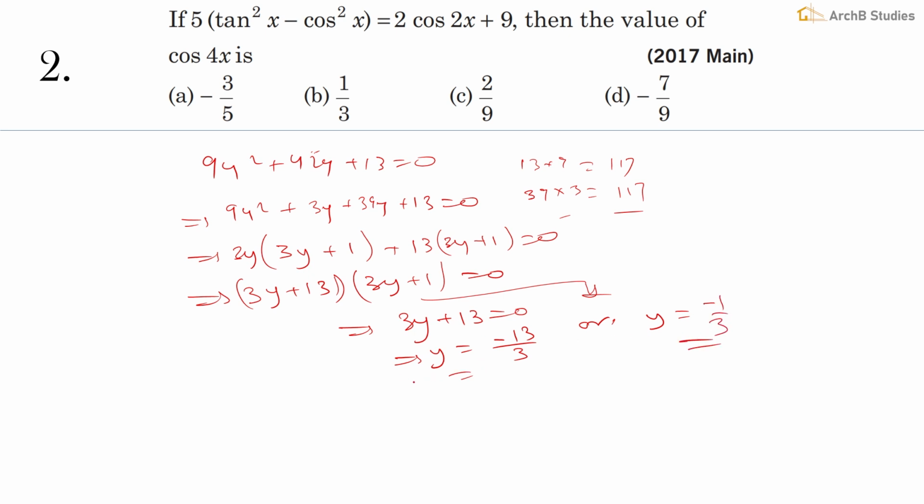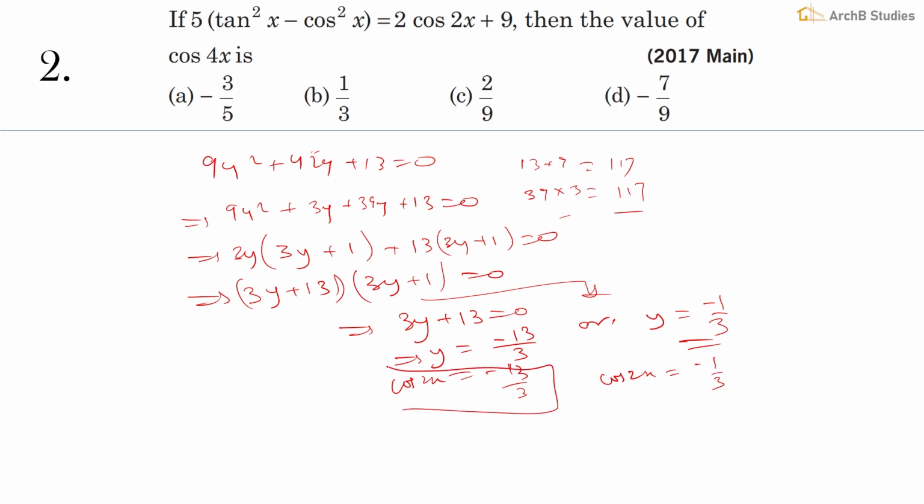Okay, so we took y as cos 2x. So cos 2x is minus 13 by 3, and cos 2x is minus 1 by 3.